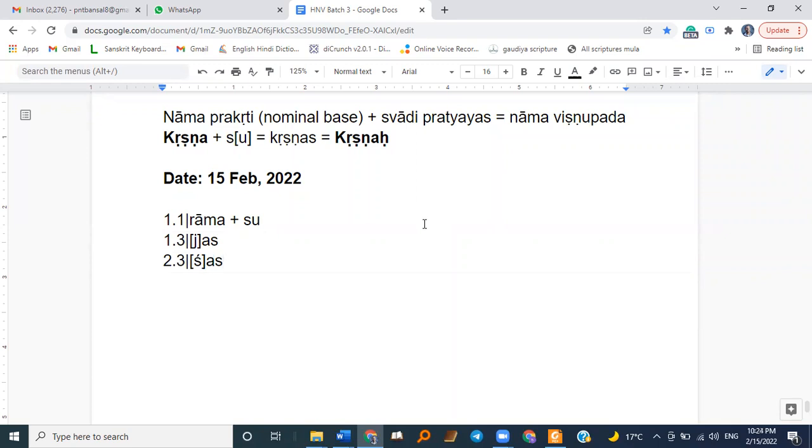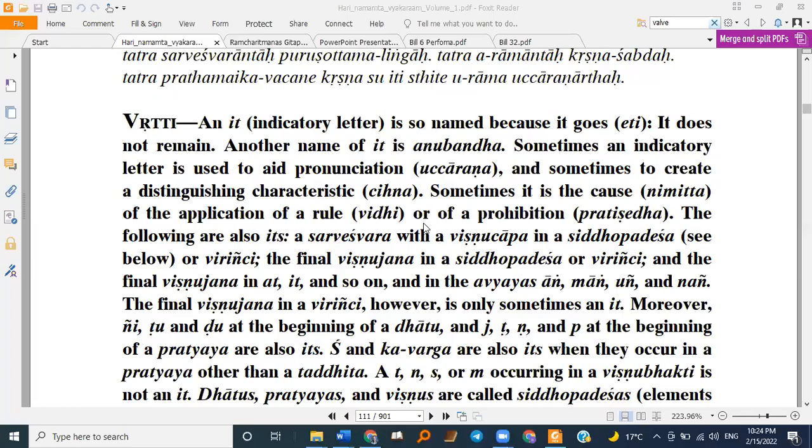Now, if you remove the indicatory letters, the ja from here and the sha from here, then both are as and as. So how will we differentiate between the two? Therefore, these different indicatory letters are given to create a distinction between similar looking pratyayas. That is the second usage of the indicatory letter.